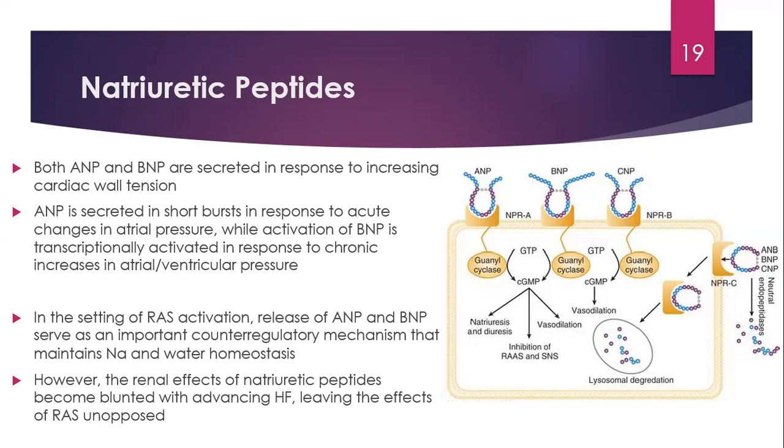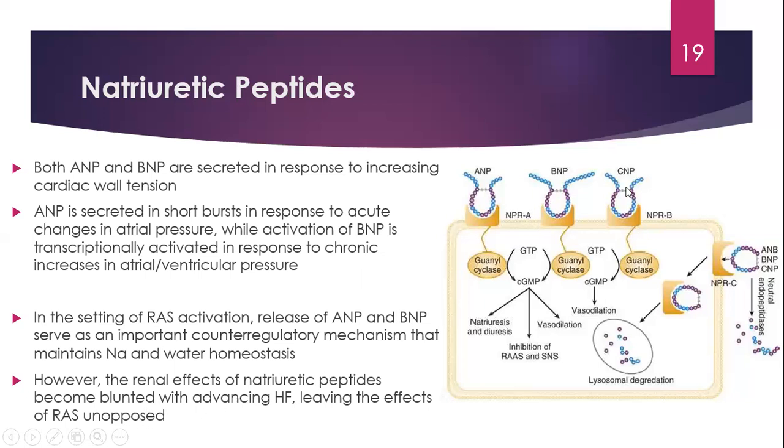They help to maintain sodium and water homeostasis because your RAS system will favor more retention of sodium and water, whilst your counter-regulatory hormones favor the excretion of sodium and water. However, as we said, as heart failure advances, the effects of the natriuretic peptides are blunted, they are overwhelmed, and then they leave the effect of RAS unopposed.